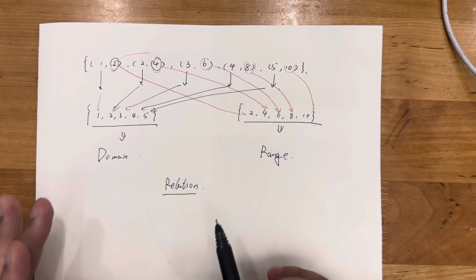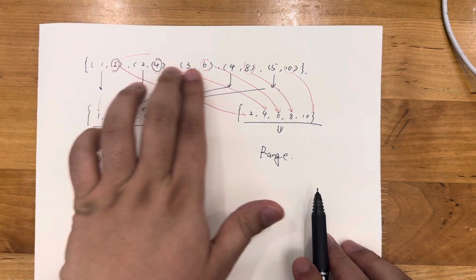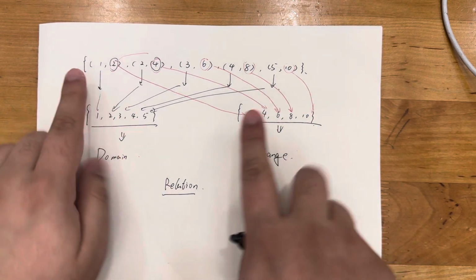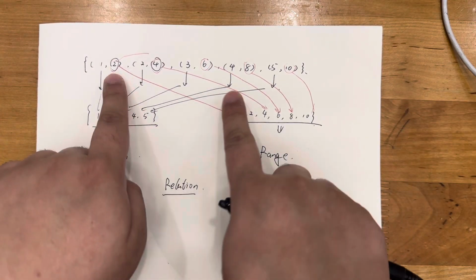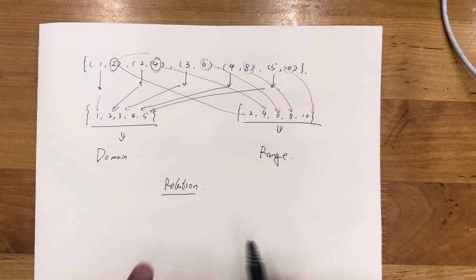So you may ask, what's the relation here? We've got a set of pairs. If you take the first out and the second out, there seems to be some sort of relationship. What kind of relationship, you may ask?